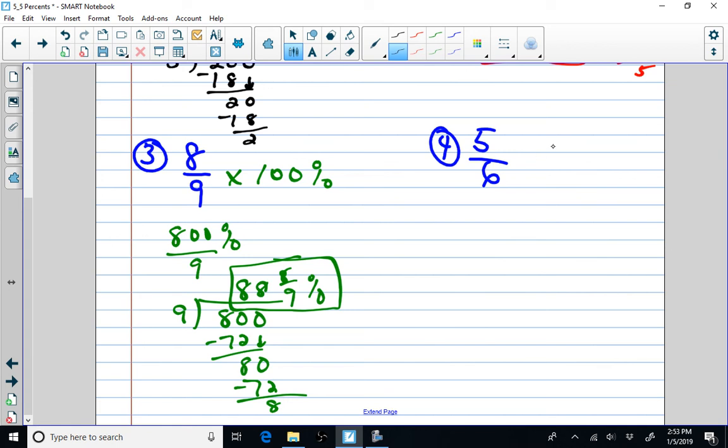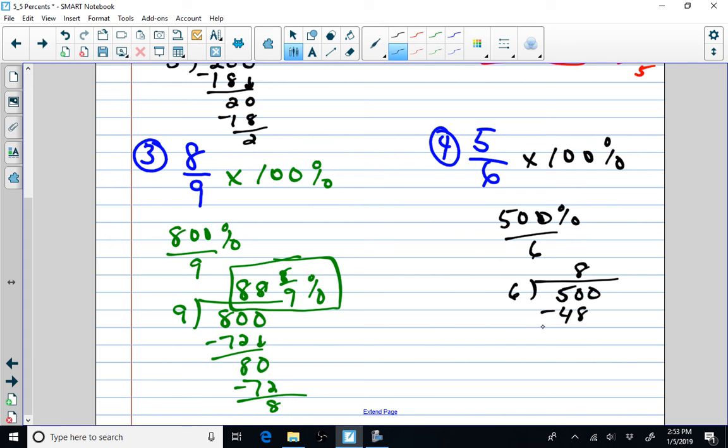5/6, I want to write that as a percent. First step, multiply by 100%. That's going to give me 500% over 6, my long division. 6 into 500. That's going to give me what? 6 goes into 50 8 times. 6 times 8 is 48. Subtract, we get 2.